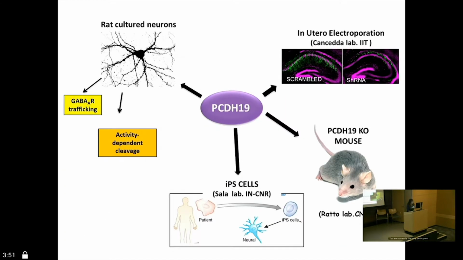So in our approach, we are studying protocadherin 19 by using different approaches. We are using cultured neurons to identify the molecular mechanism of this protein, but we are also interested to study the physiology and the functional role of protocadherin 19 in the brain, and to do that we are using two different animal models, the in utero electroporation system and also the conditional knockout mouse.